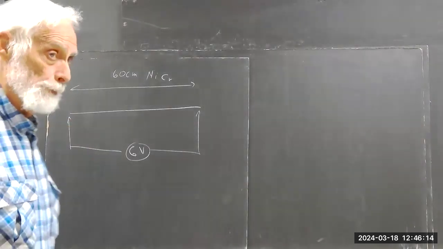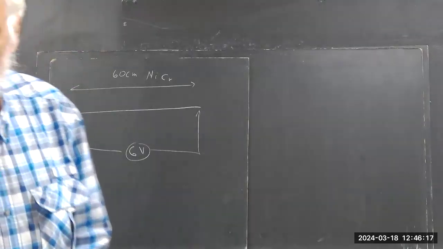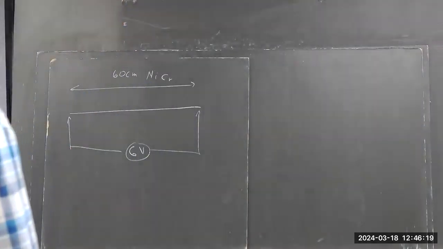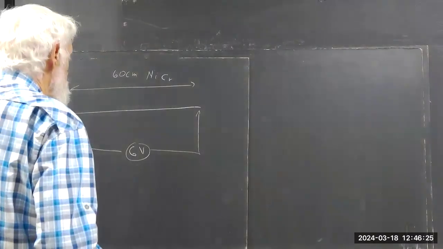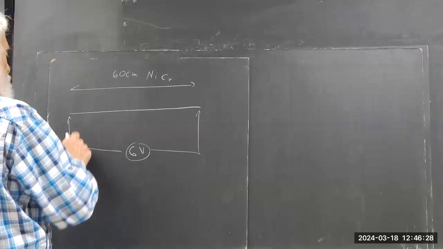Put 6 volts across it. It's a uniform piece of wire. And that's a terrible diagram. Nothing's parallel, but get the idea. And what's the electric field?